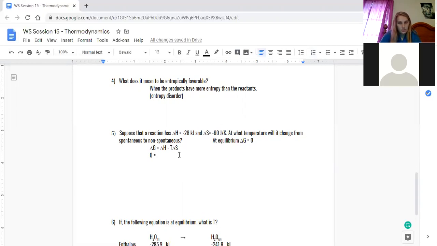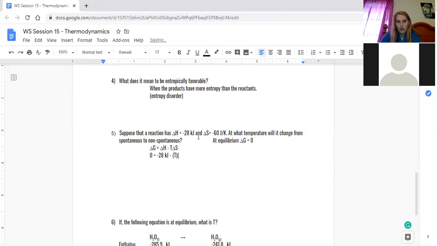So we'll have negative 28 kilojoules minus T, which we don't know, times the delta S. So we're going to have our point here.